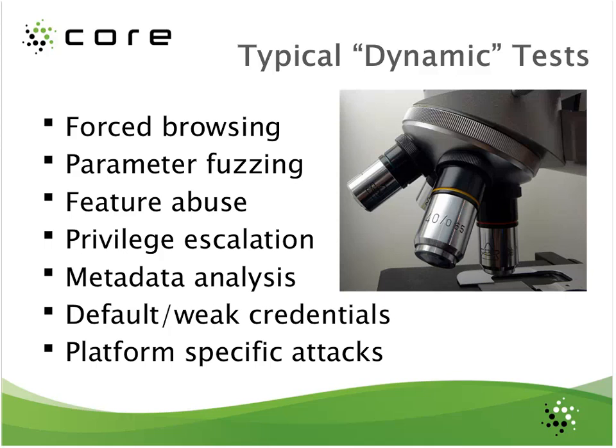Parameter fuzzing is a little bit different, where we will try to give types of information that the parameter wasn't expecting and see how the application reacts. Feature abuse is very, very broad. As I mentioned before, web applications are very versatile apps, and they can be used in all manner of ways they weren't intended.